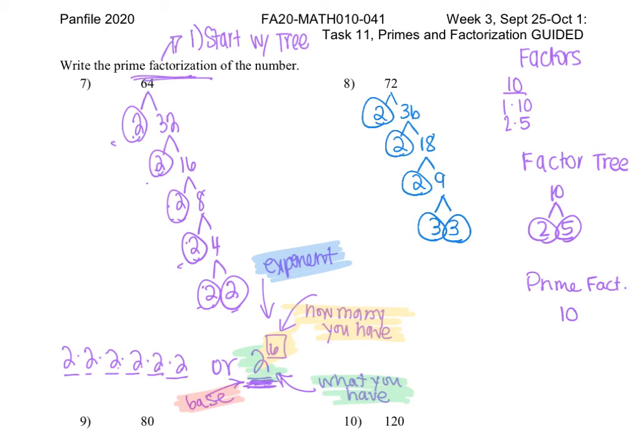So we have 2 times 2 times 2 times 3 times 3, which is really 2 to the third times 3 to the second, because I have 2 3 times and I have 3 2 times.